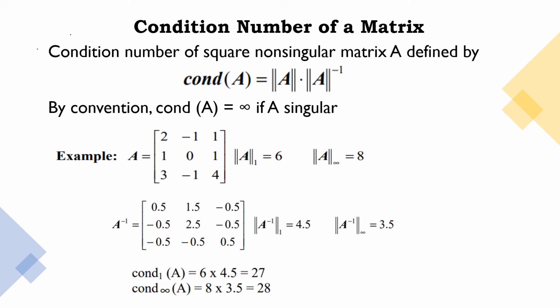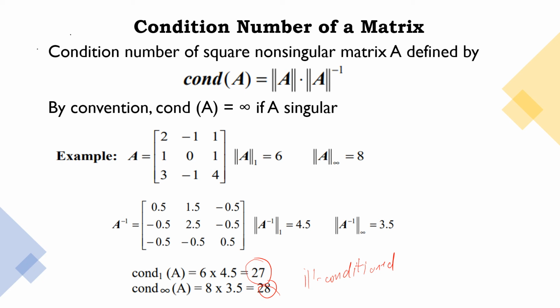And the norm of A inverse infinity is 3.5. So, by computation, we can see, of course, a very large result. In this case, we still have an ill-conditioned problem. If ever in the future lesson you encounter a very small condition number, then you can say it's well-conditioned, most especially if it's approximately equal to 1.